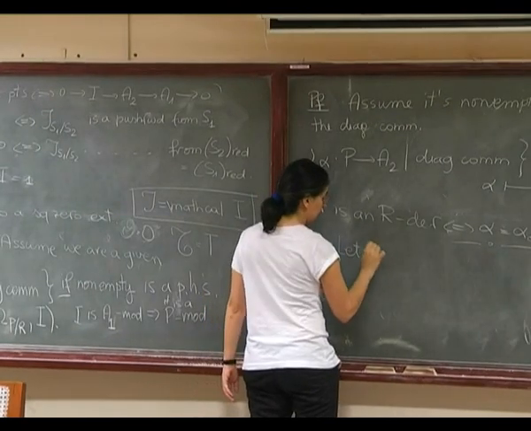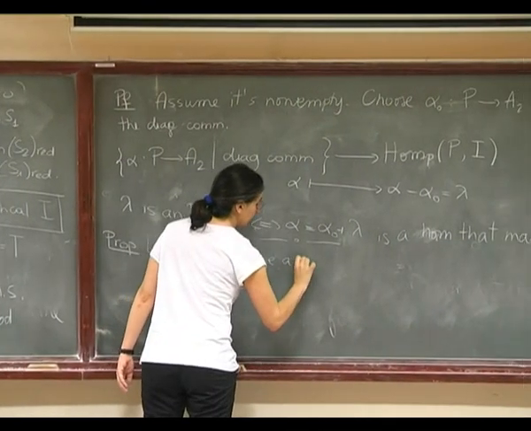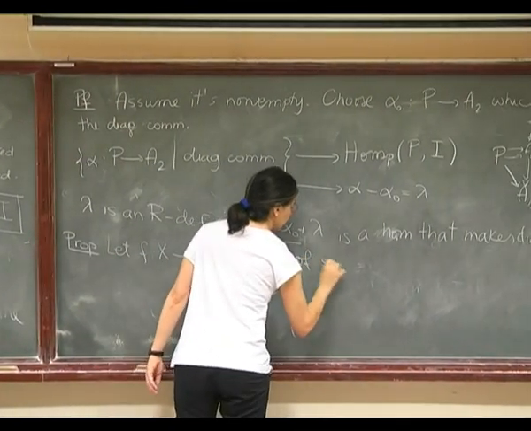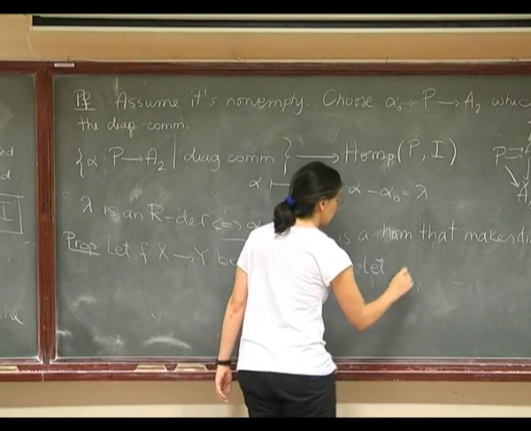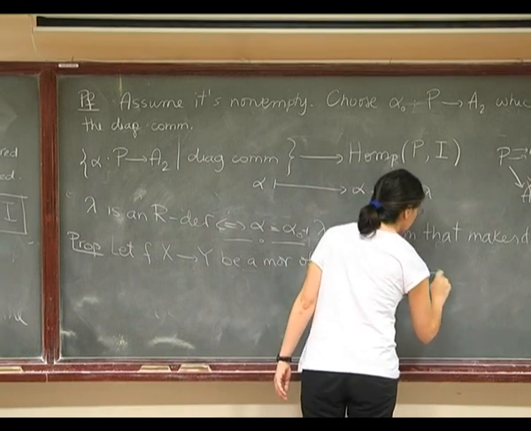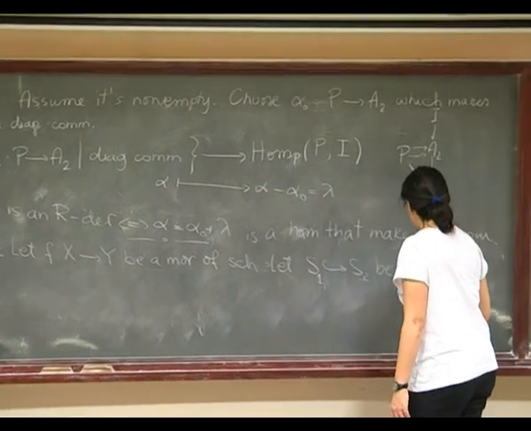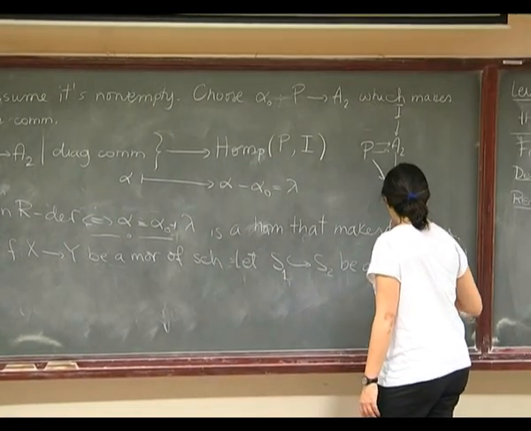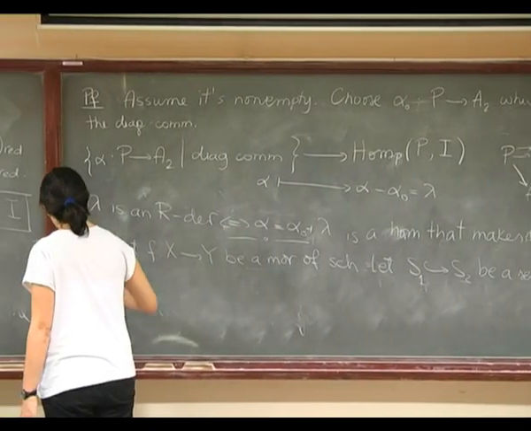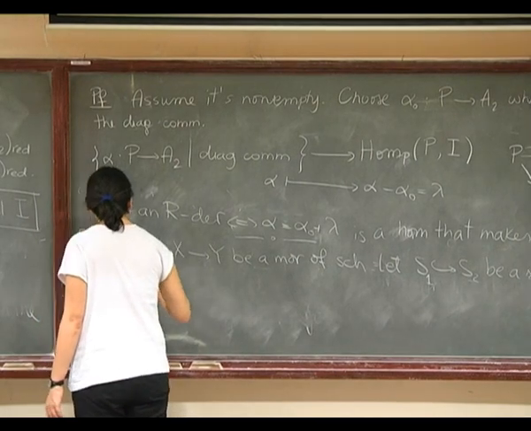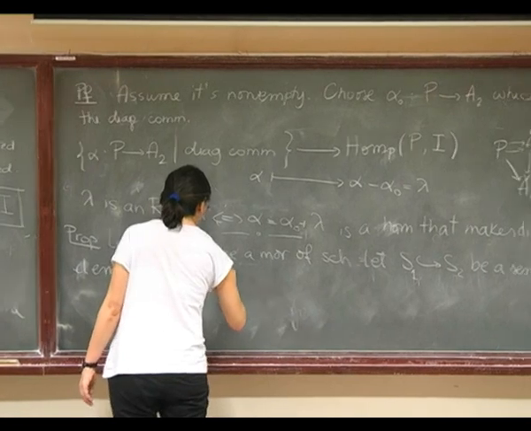Let f from X to Y be a morphism of schemes, and let S1 into S2 be a semi-small extension, a closed embedding of fat points.